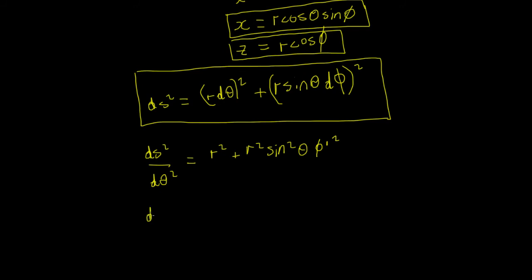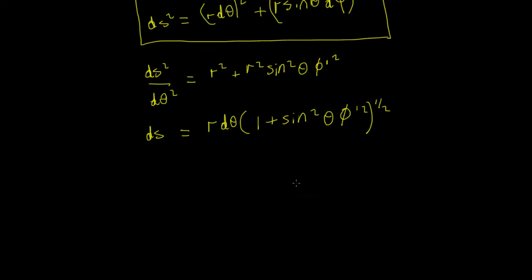Then we can write ds equals, taking the square root and taking out the common factor, r d theta times (1 plus sine squared theta phi derivative squared) all to the power of a half.